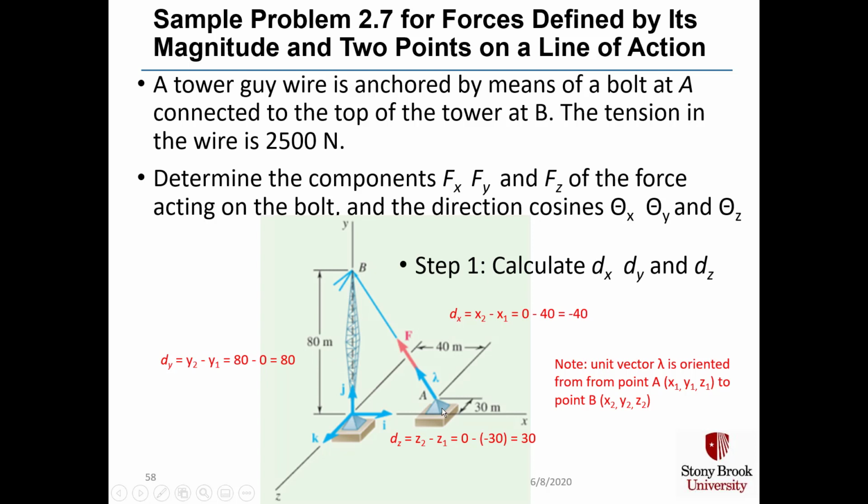Point A is located at y equals 0, and therefore dy is equal to 80 minus 0, which equals 80. And dz equals z2 minus z1, where point B is z2 equal to 0, and point A is 30 meters on the negative z-axis, and therefore the z-coordinate of point A is minus 30, and 0 minus minus 30 equals 30. Therefore, dz equals 30.